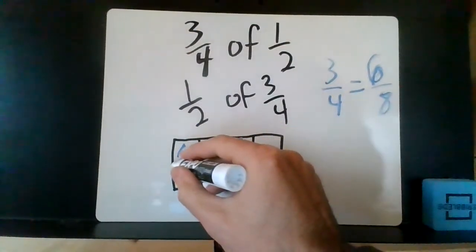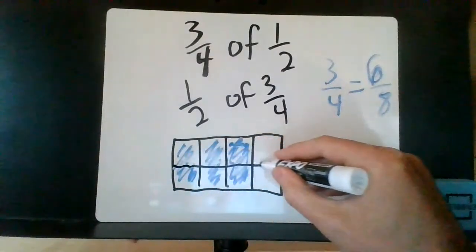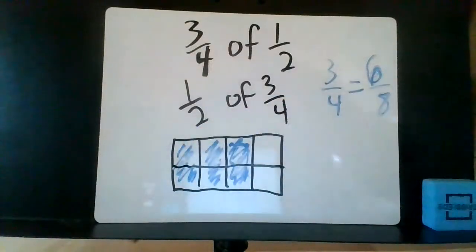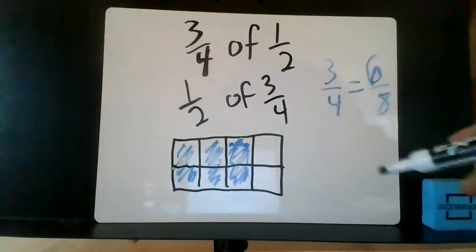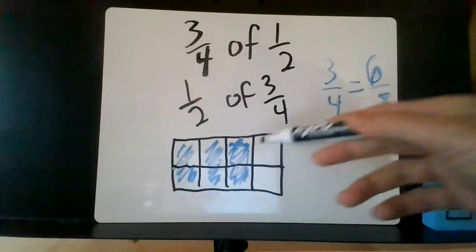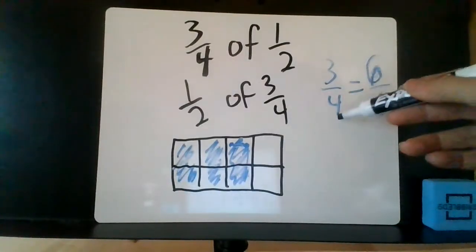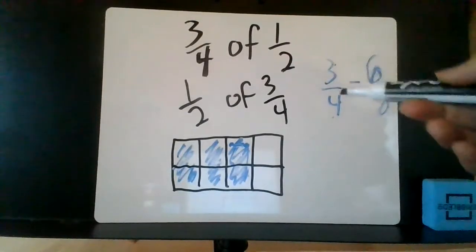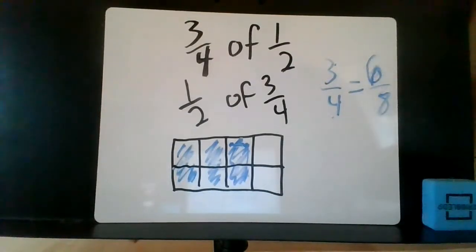If I take a horizontal line across the middle, I have not changed the quantity. It's still the exact same quantity, but it's split into more equal, smaller parts. Instead of splitting it into 4ths, it's split into 8ths now. Instead of 3 parts shaded, now it's 6 parts shaded.